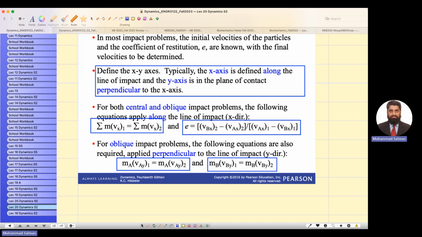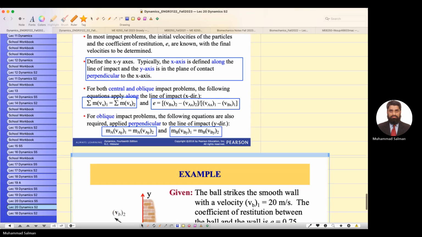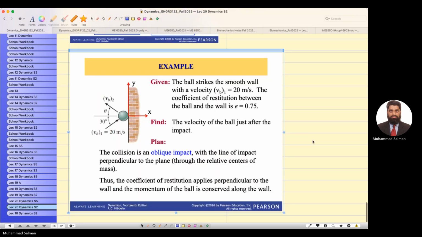Let's do this problem now. Please draw this diagram.